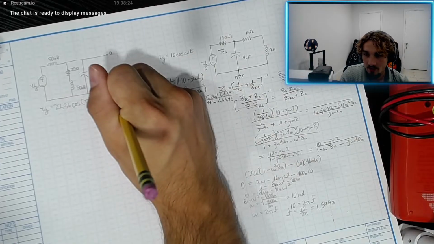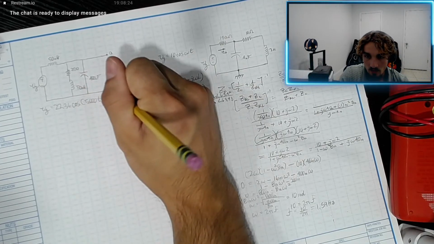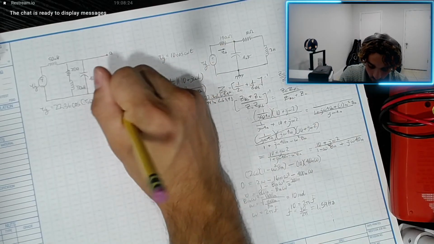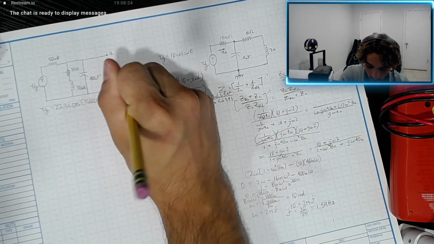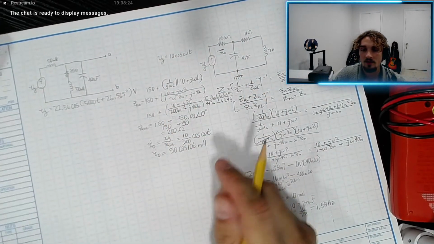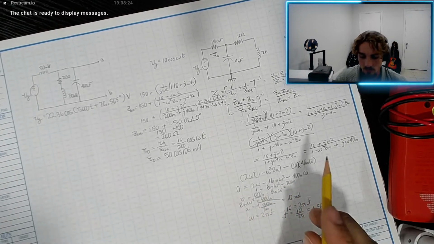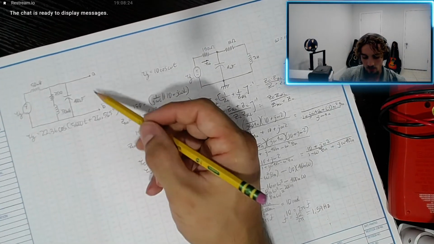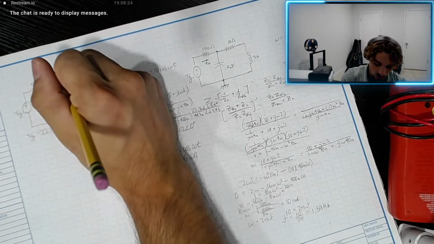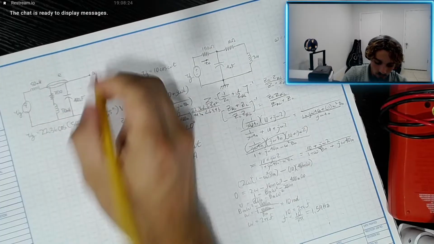That's our omega, 5,000, plus our phase of 26.565 degrees. That's our phase, and the units are volts. Find the Thevenin voltage with respect to the terminals AB. Okay, so we're looking at the terminals here. Let's first find the voltage at this node, which we'll call E.